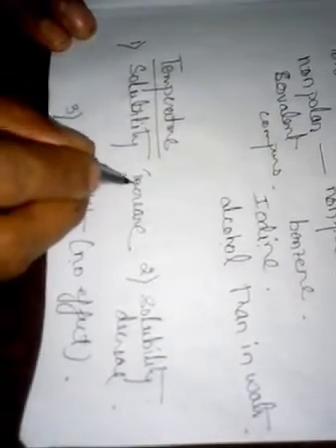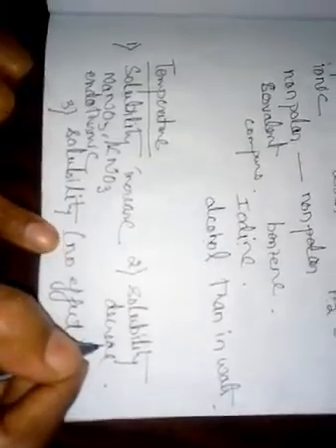For the increase of solubility, we can give the example of NaNO3, KNO3. Here, the process of dissolution of these substances is endothermic.